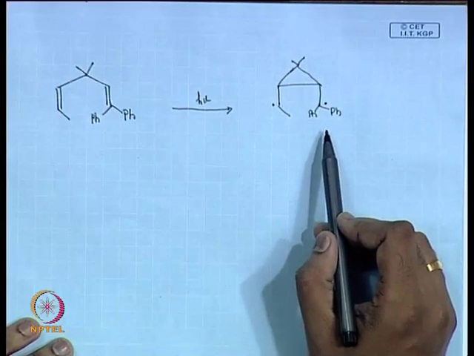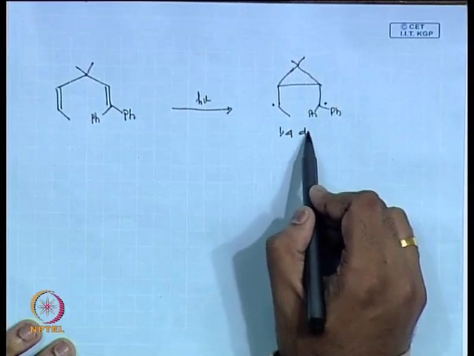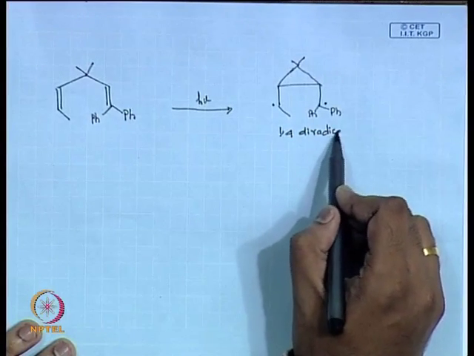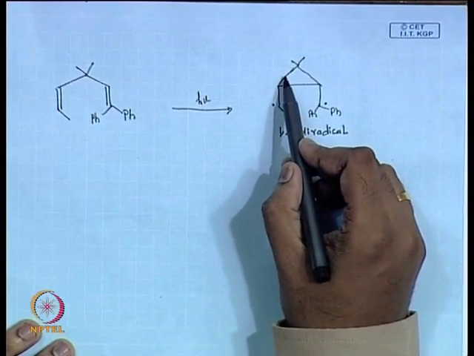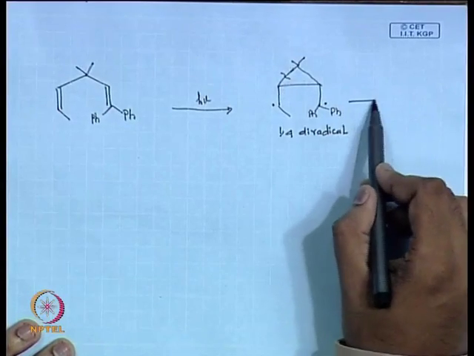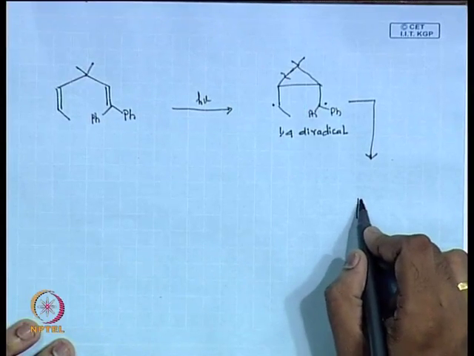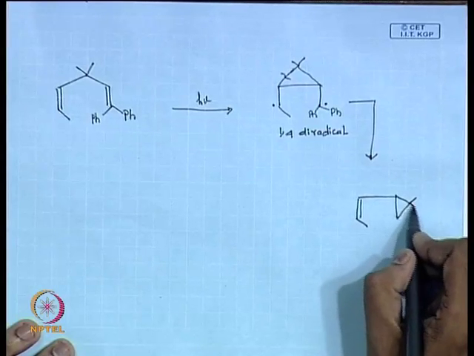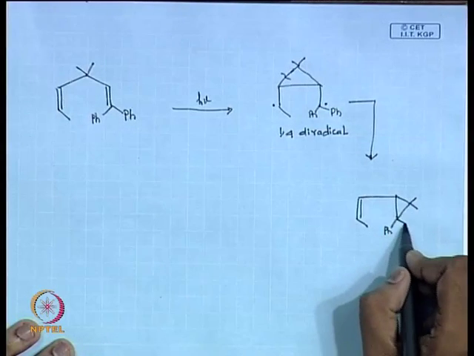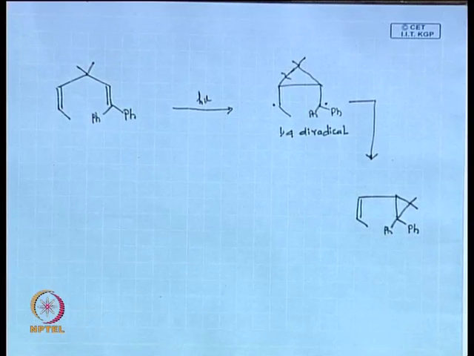You end up with your 1,4 diradical, right. Now, I can cleave this, to get me this product, yes, right, fine.